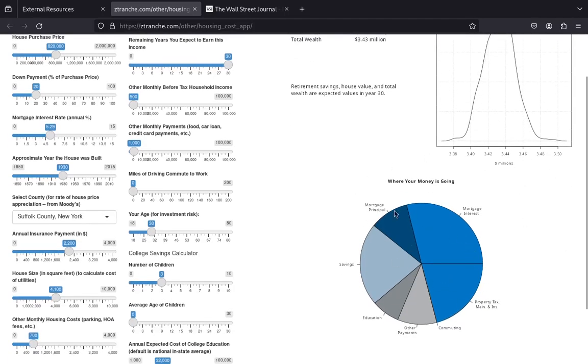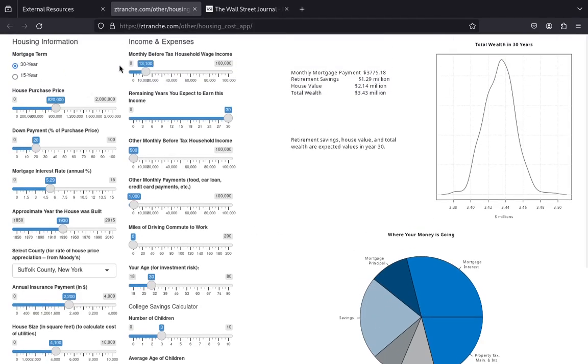And then it has this chart on where your money is going. So with these settings, you're actually spending almost half your income on mortgage interest, property tax, maintenance, insurance, and so forth. So this gives you an idea of where your money is going.